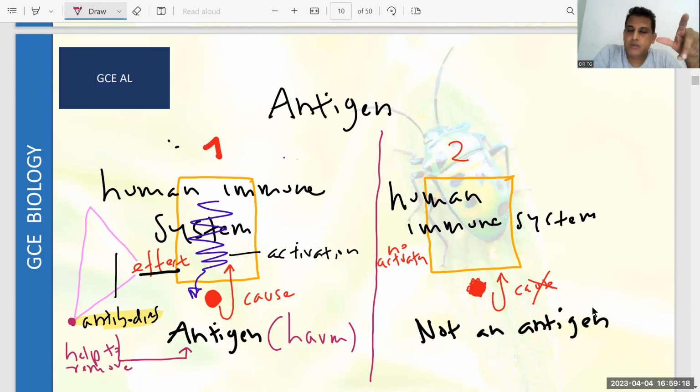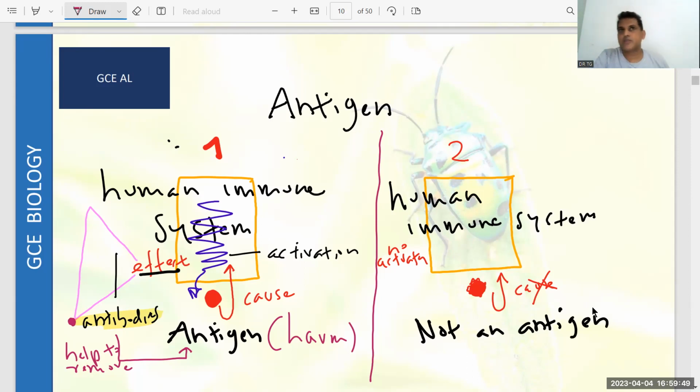Basically, the immune system is designed to identify molecules which are not part of a person's body. So any molecules which are not part of the body are going to be identified and fought.